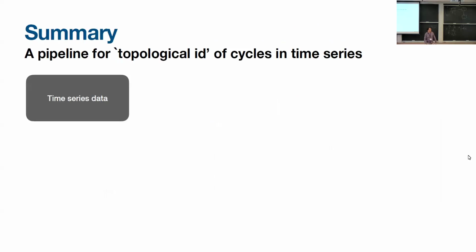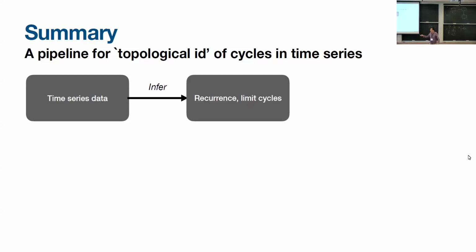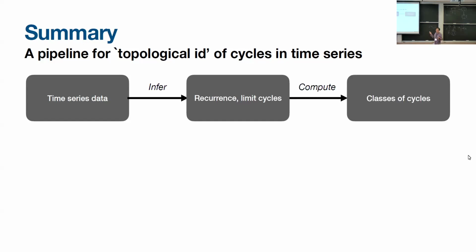Well, I raced through that. I'm on my summary slide. So what have we learned today? If you didn't want to think about topology, this is a very simplified summary of what I've just said. We went from time series data, and we want to look at loops in your time series and whether they wrap around non-trivial topology of the underlying space, such as the Klein bottle or the torus.